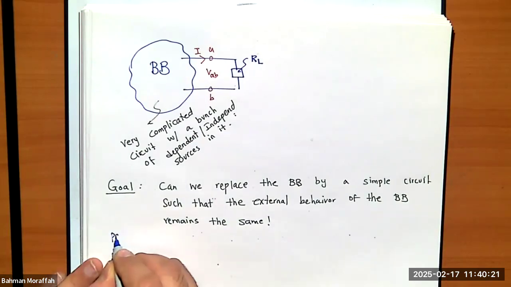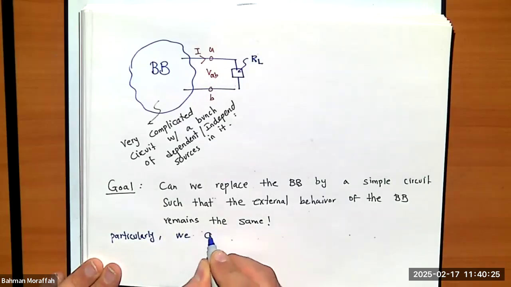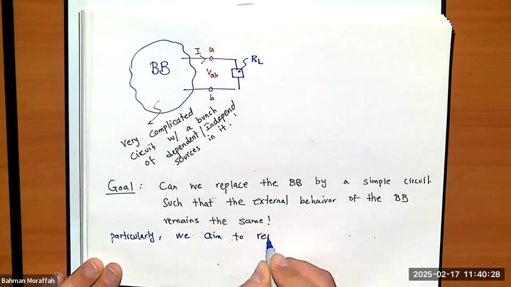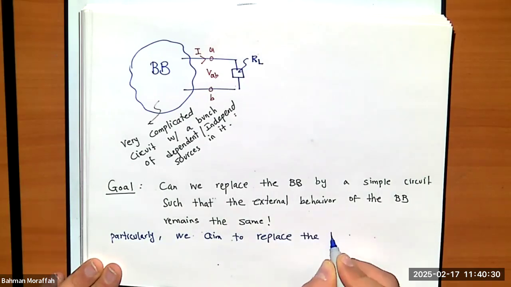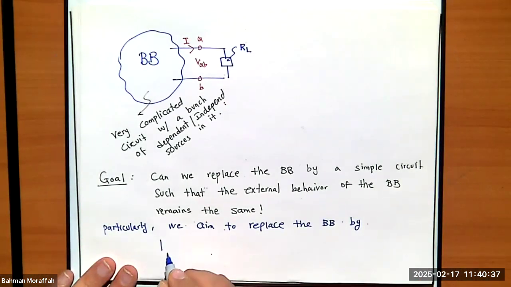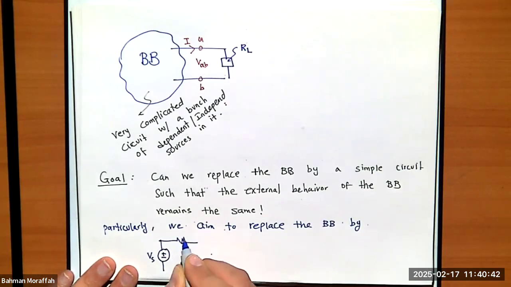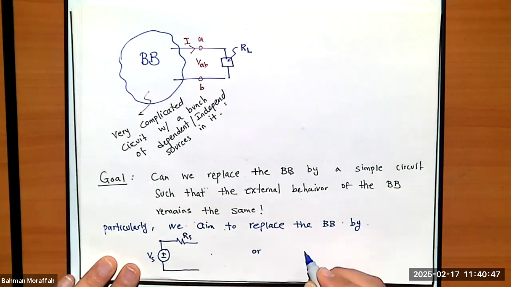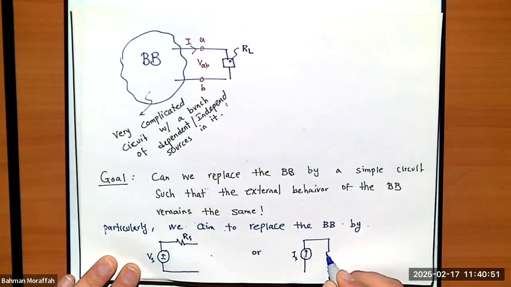Particularly, we aim to replace the black box by one of these circuits, because these are the simplest circuits that we know. A voltage source, let's call it Vs, followed by a resistance, or a current source in parallel with the resistor.